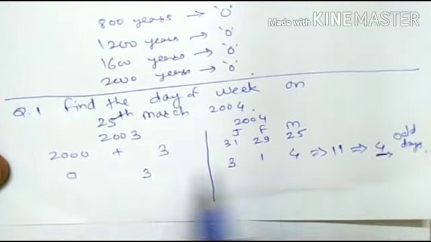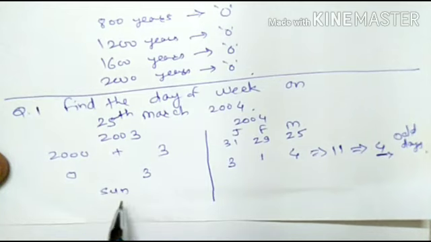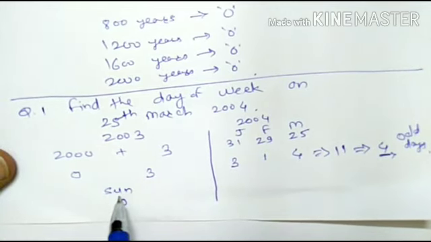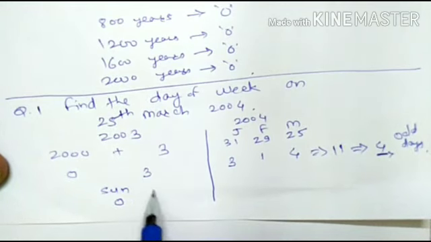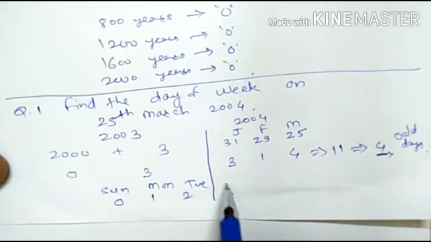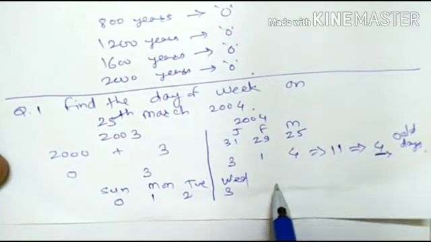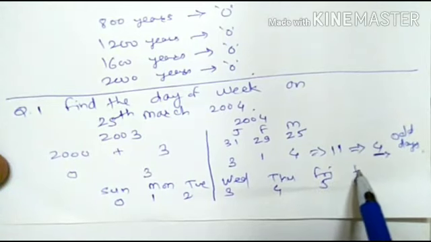We must remember the code of odd days. If there are 0 odd days, then the day is Sunday. If 1, Monday; 2, Tuesday; 3, Wednesday; 4, Thursday; 5, Friday; and 6, Saturday.